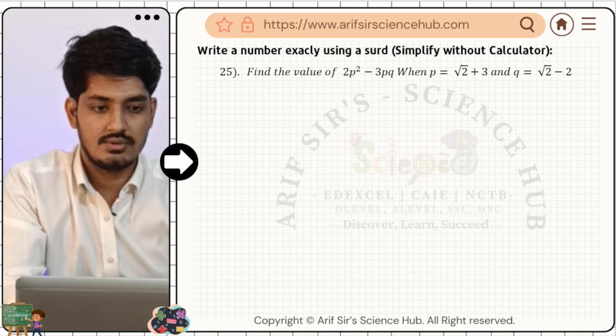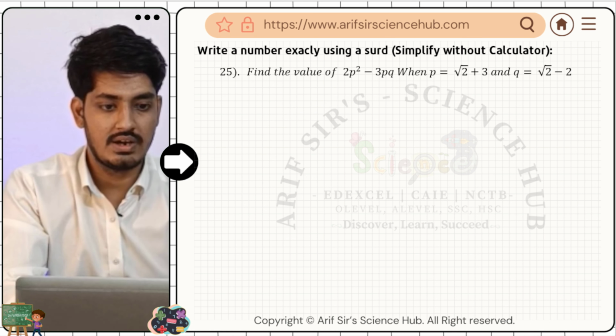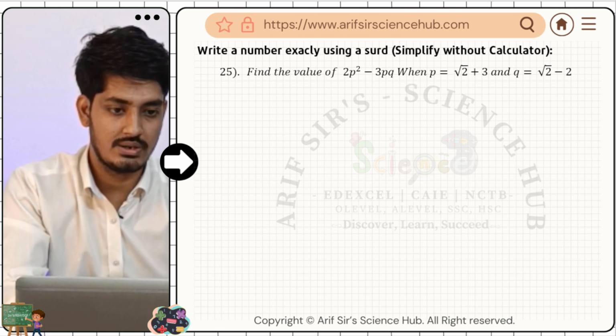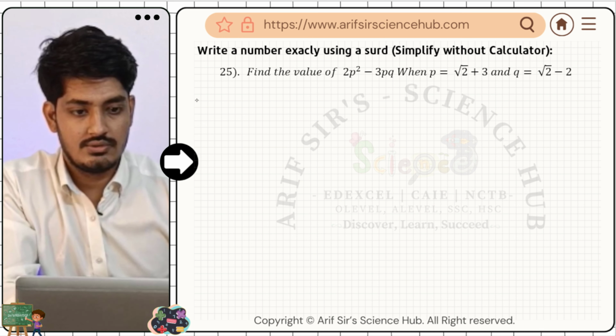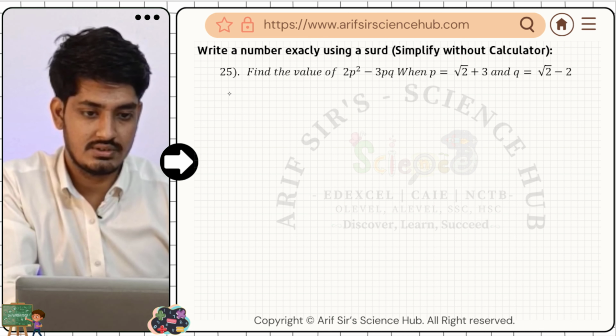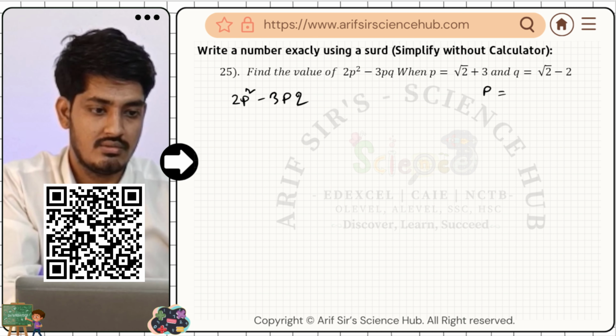So let's see another problem, another exercise. In this question, we have to find the value of 2p square minus 3pq when p is equal to square root 2 plus 3, and q is equal to square root 2 minus 2.